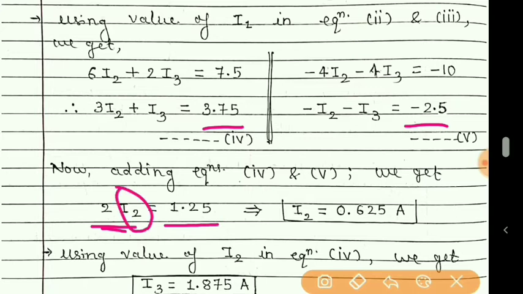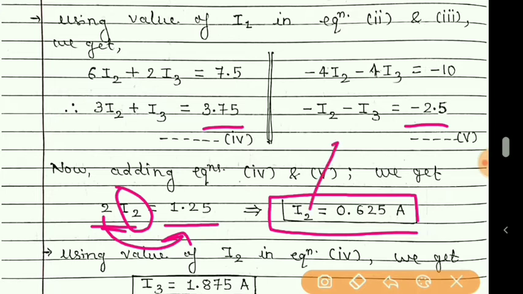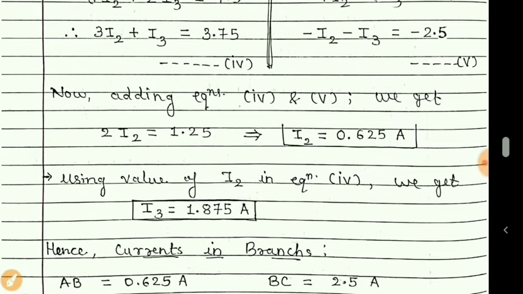Then separate i2, 2 will go towards the right hand side, and you will get I2 is equal to 0.625 ampere. Now use this value of I2 in either this equation or this equation. You will get the value of I3.